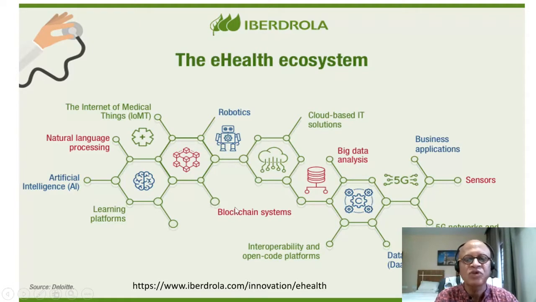Blockchain systems that we talked about for secure data management and transaction tracking, robotics, interoperability and open code platforms, big data analysis, which is related to artificial intelligence, cloud-based IT solutions, business applications, sensors to monitor indoor, outdoor air quality, water quality, health of people, 5G technology networks and data platforms and so on.